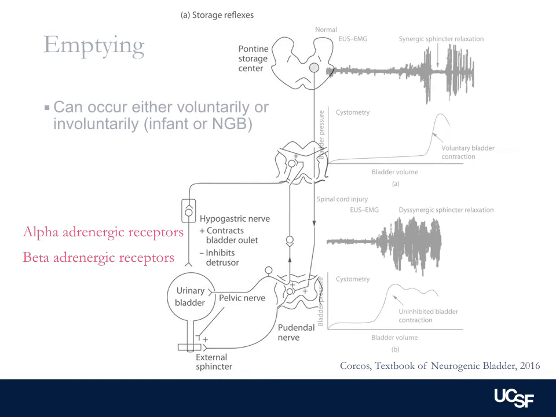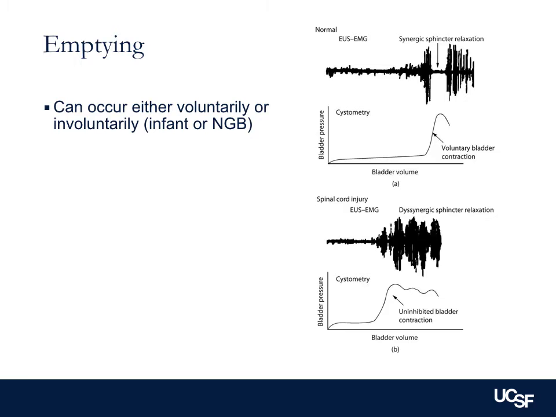Okay? So moving on to bladder emptying. This can occur either voluntarily or involuntarily, and that would be the case in an infant or in an individual potentially with neurogenic bladder. So on the right, there are two cystometrograms with EMG tracings. The top one is a normal adult during filling and emptying, and you can see this is the same cystometrogram that I showed you before.